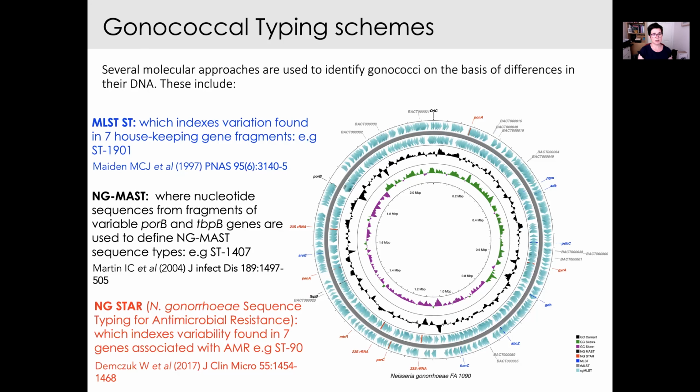And then there's NG-STAR, which is recently developed and looks at the variability found in 7 genes that are associated with antimicrobial resistance. So any gonococcus deposited in the database will have all of these different annotations associated with it, allowing a fine-type strain designation for each of these isolates.